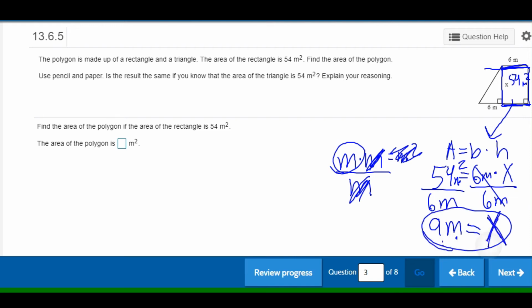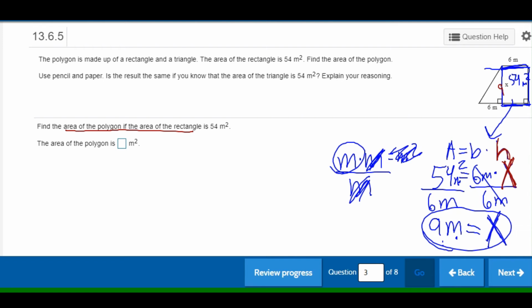What does the x represent? X represents the height, because that's the variable that we substituted in for the height. So we can say that x is equivalent to 9. Now it says we want to find the area of the polygon. Find the area of the polygon if the area of the rectangle is 54.